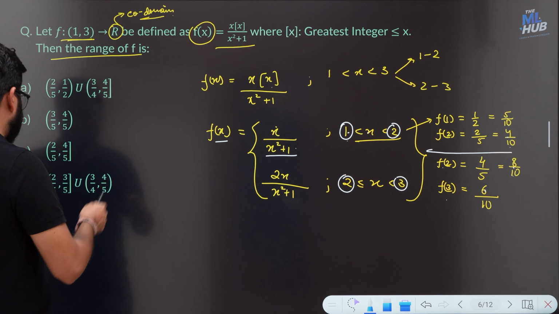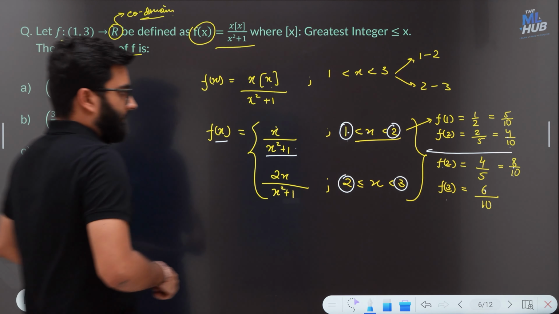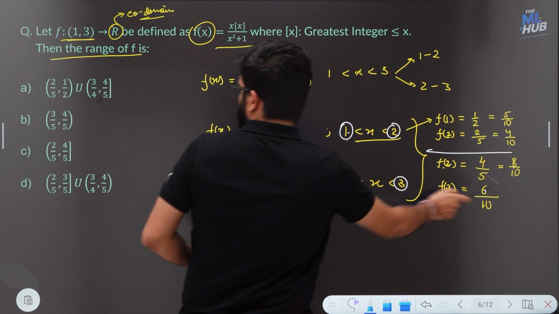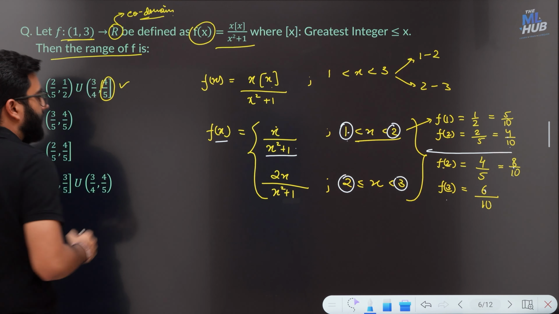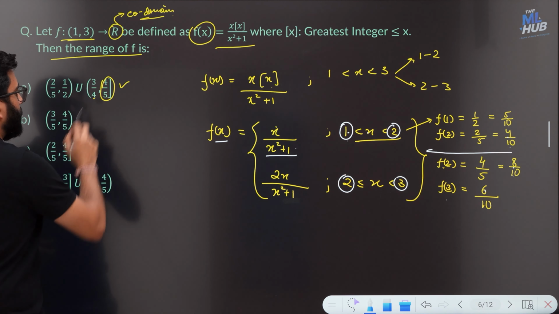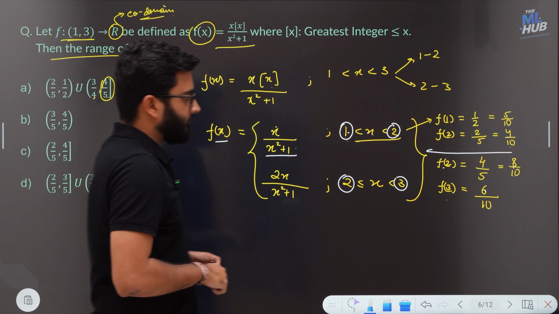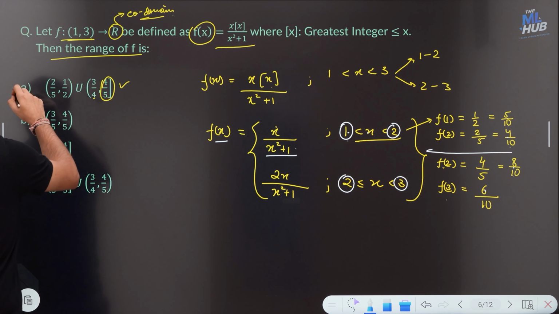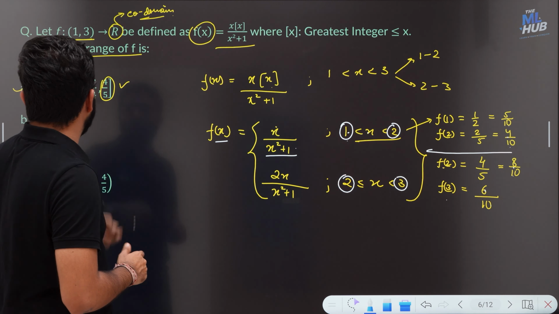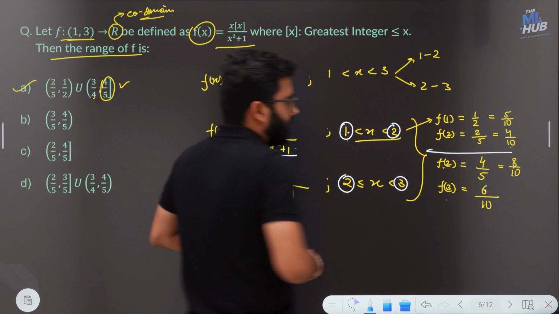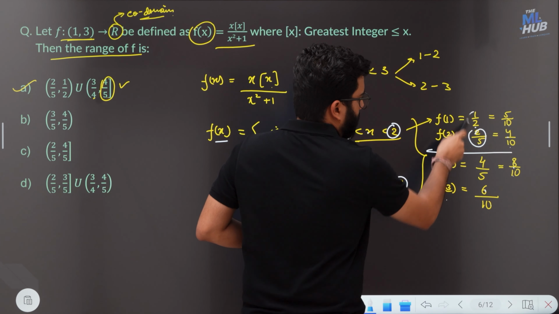So among these four, finally f of 2 is 4 by 5. So this is right. In the second part, it is from 3 by 4 to 4 by 5. So A is the right answer. And in the first, it is from 2 by 5 to 1 by 2.